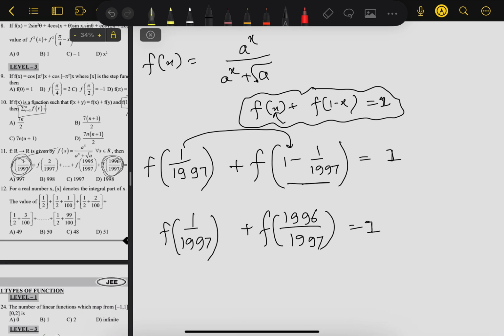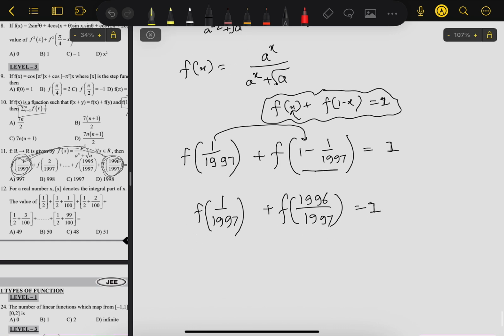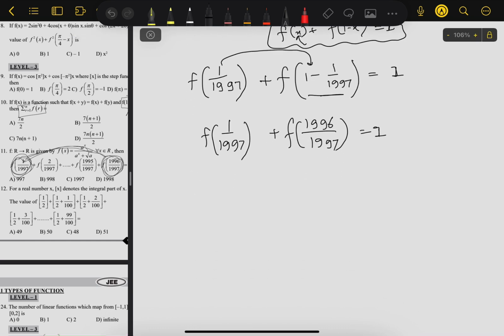The sum of these two functions will become 1. Similarly, the sum of the first and last functions becomes 1, and the sum of the second from first and second from last also becomes 1. So if we add like these terms, how many total functions are there? 1996 functions are there, from 1 to 1997.